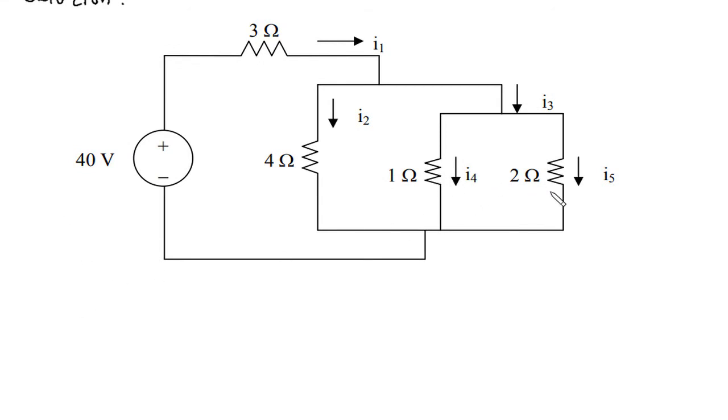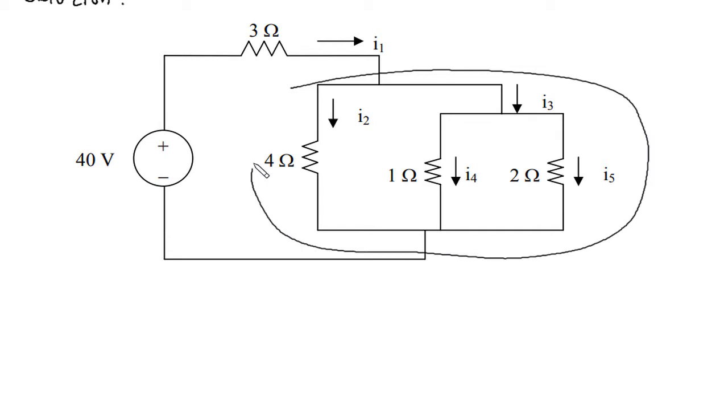So this 1 ohm, 2 ohm and 4 ohm are in parallel, and it is in series with this 3 ohm. Let us say this is R1. So 1 by R1 is equal to 1 by 4 plus 1 by 1 plus 1 by 2.